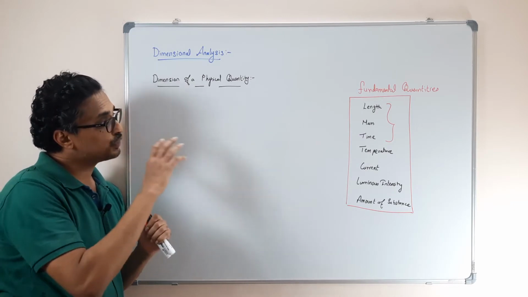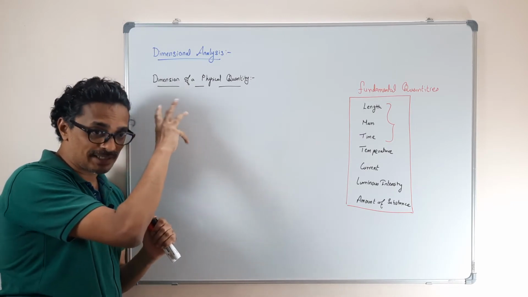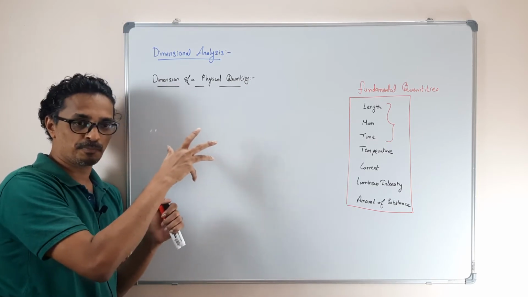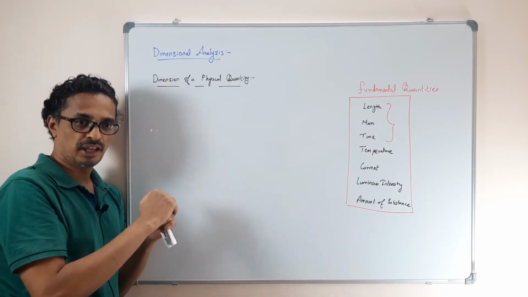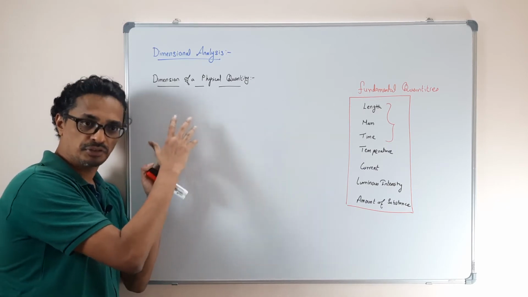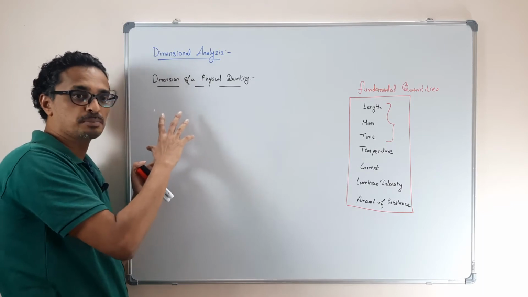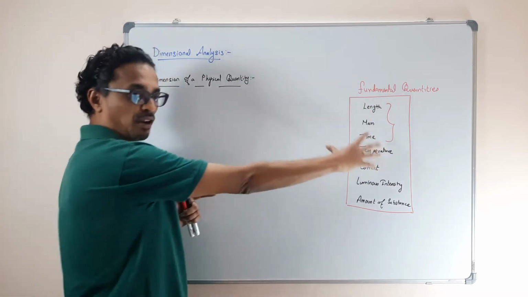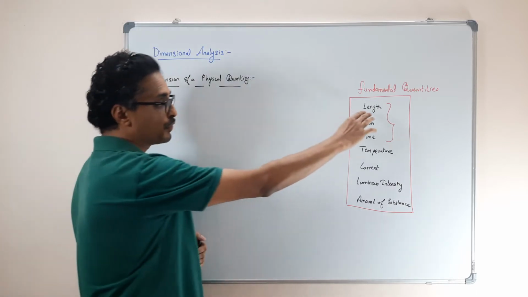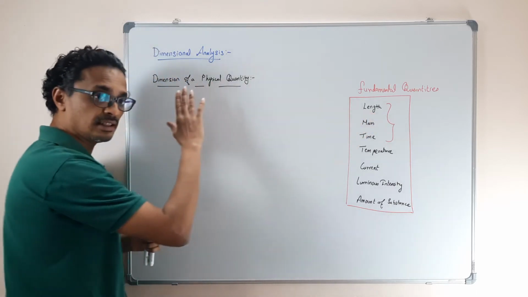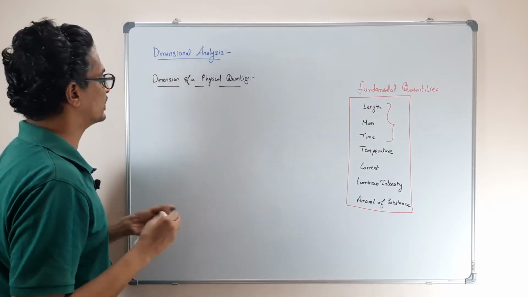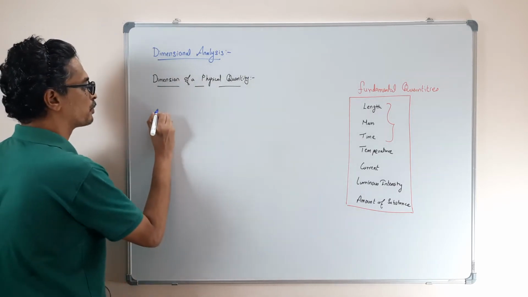So when I express any physical quantity, say acceleration or momentum or energy or force, all these can be expressed in terms of the fundamental quantities. Let us take an example that will make it easier. Let us take acceleration.